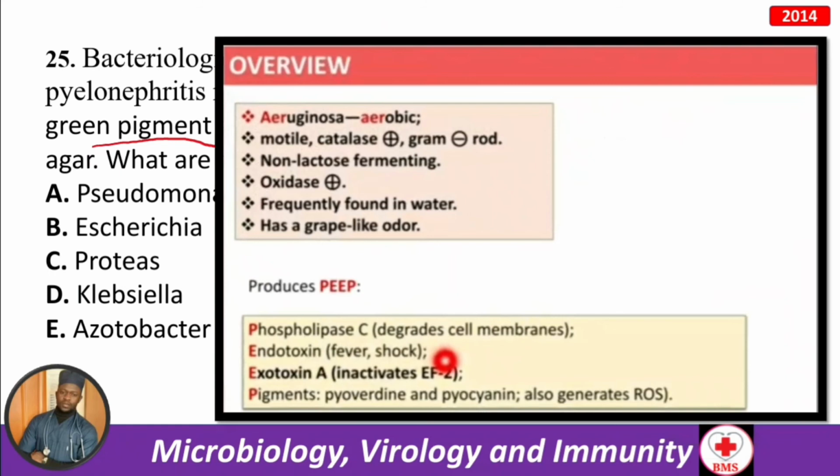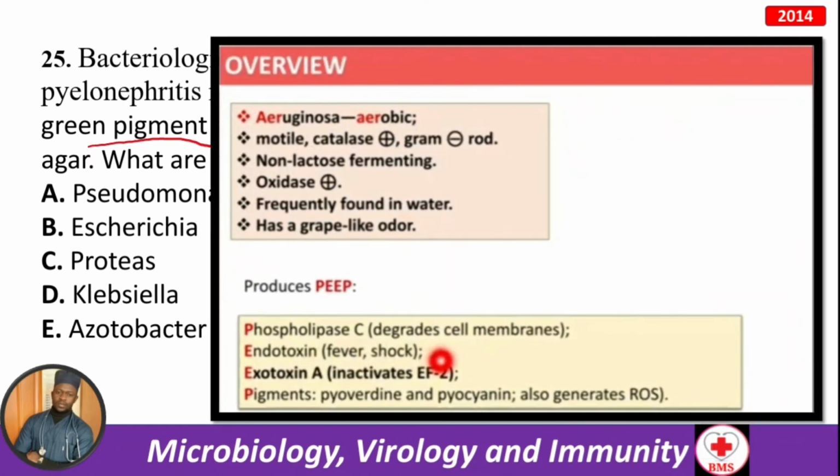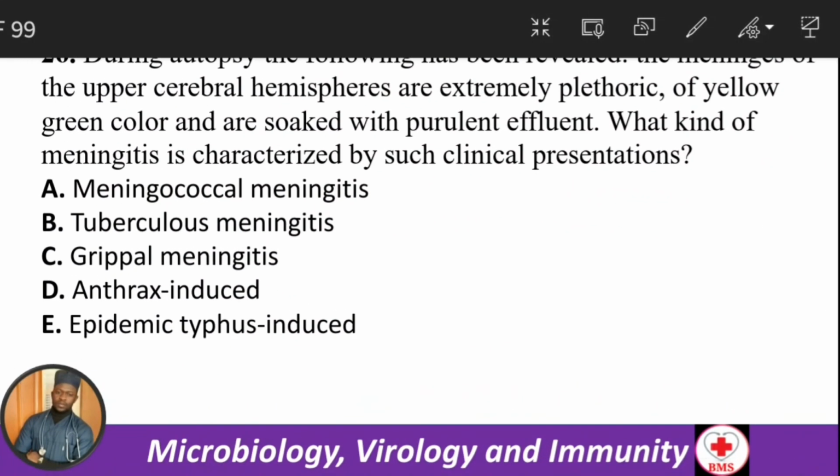Then exotoxin A inactivates elongation factor 2, and this will disrupt the process of protein synthesis. And the last P is for pigments, that's pyoverdin and pyocyanin. Pseudomonas aeruginosa is also known to produce reactive oxygen species.